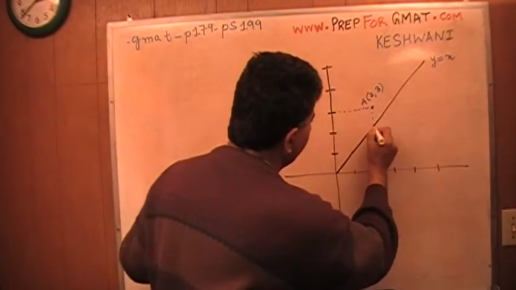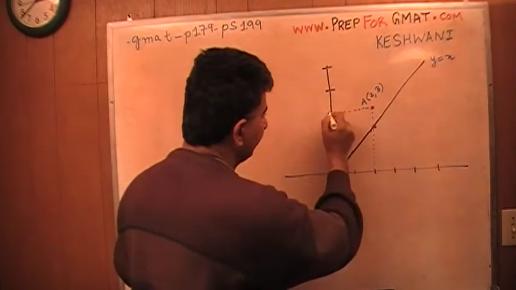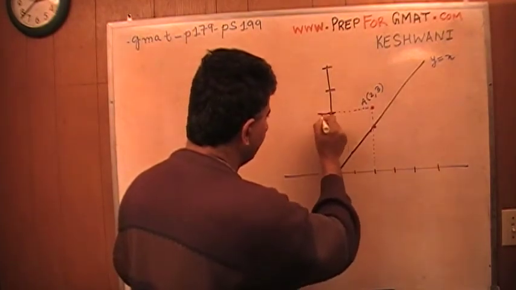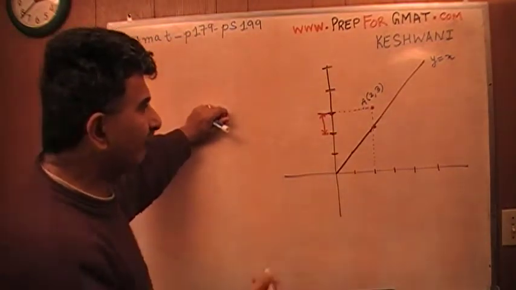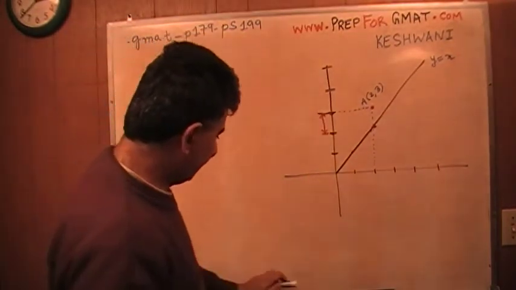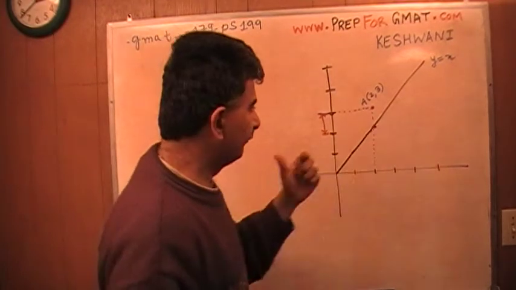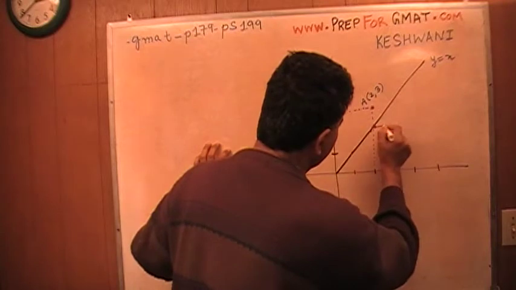If you look at it from this point to this point, I hope you're able to see that this distance from here to here is 1 unit. And if this line is a perpendicular bisector of AB, then whatever this vertical distance is, the horizontal distance has to be the same. Which means the other point we're looking for is right here, 1 unit this way.